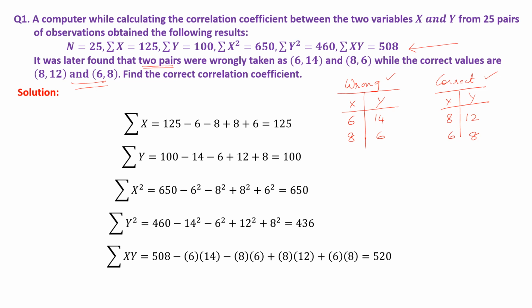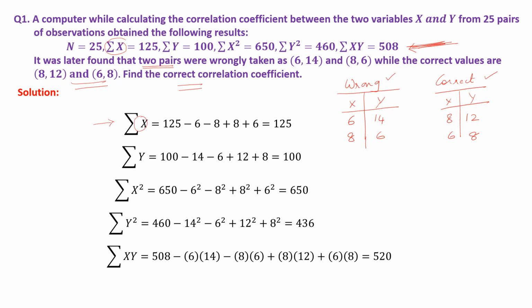So if we have to find the correct correlation coefficient, that means all the corrections in the given data have to be done. So let us start with the first summation value given to us, sigma x. Now sigma x represents the total of all x values.